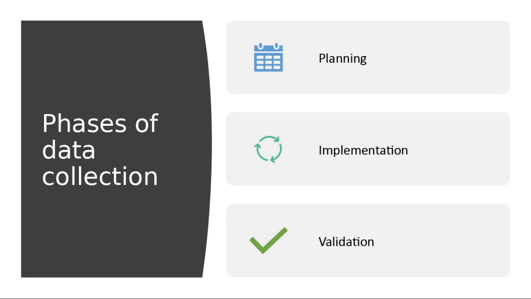The next stage after planning is obviously just to implement the collection of the data through the year, so that's when you're gathering all your evidence. And at the end, it goes to the principal to be validated, and the principal has to sign off on it. It is a legal document.